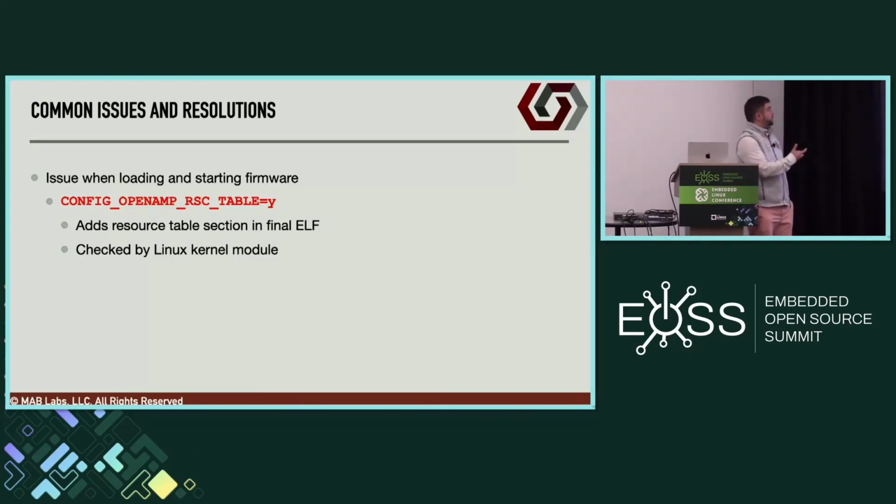One of the biggest reasons was you need to define the config option CONFIG_OPENAMP_RESOURCE_TABLE, because resource_table.c has an explicit entry for the resource table within your linker script, and then it adds that to your final binary. That's one common issue that I think a lot of people run into. It's important to make sure that's part of your board configuration.